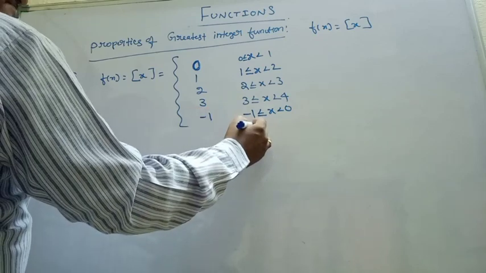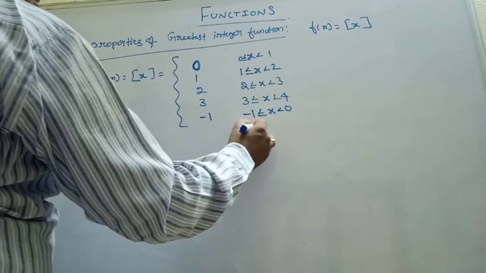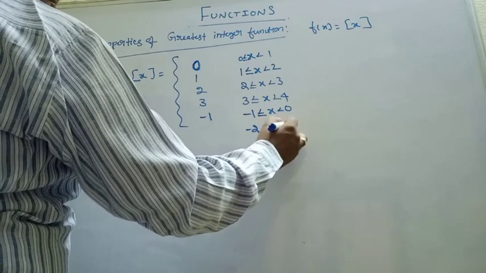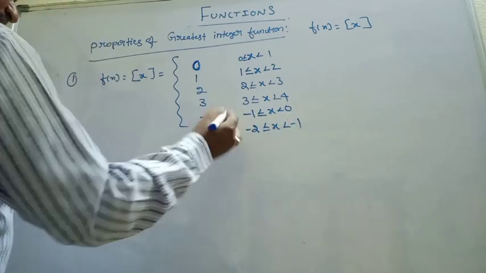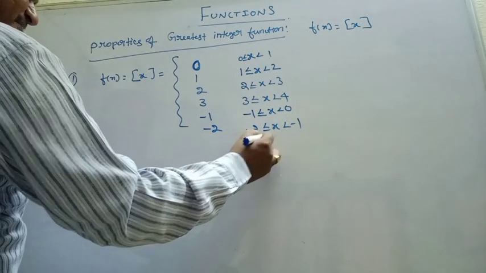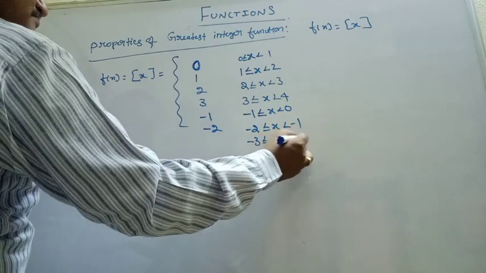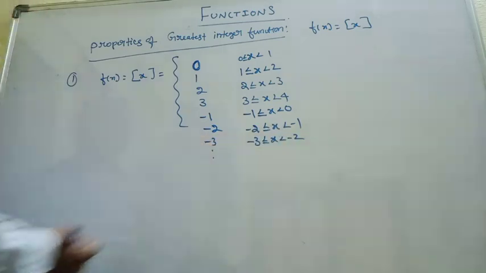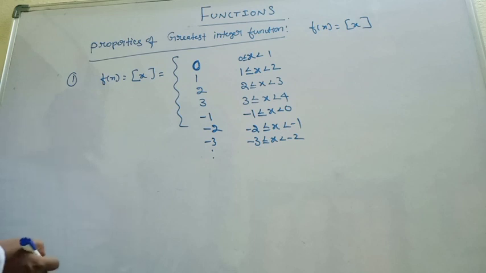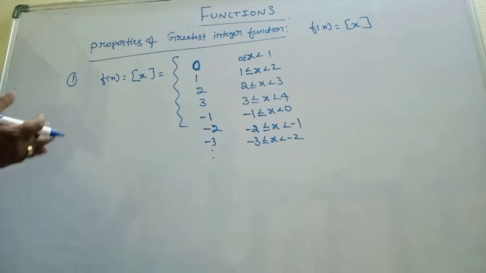Next, minus 2 less than or equal to x less than minus 1, it is minus 2. Next, minus 3, this becomes minus 3, and so on. It will be defined like this.